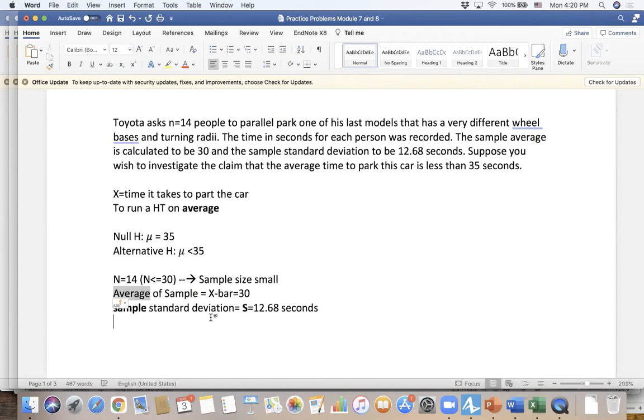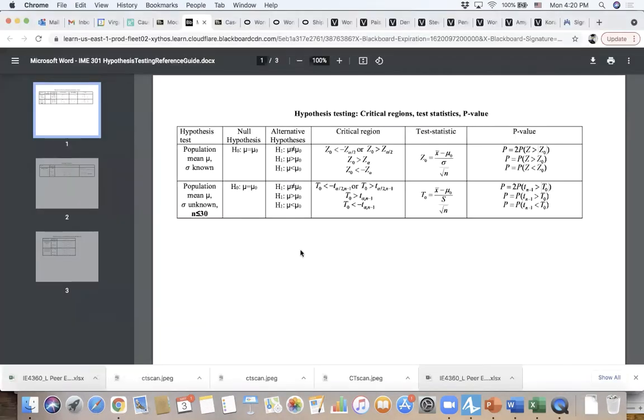Now with all this information, if I go to the reference sheet, which formula do I have to pick? Let's assume I want to run a hypothesis test or construct a confidence interval. Let's assume I want to run a hypothesis test. Should I pick the top row or the bottom row?